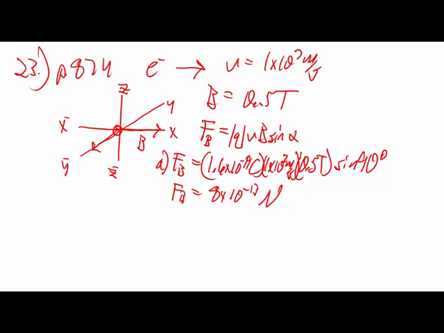Now, if we use the right-hand rule for forces, we find that the direction of the force is in the positive z direction, or up. But remember, the right-hand rule is for a positive charge, for a proton. So since this is the electron, the magnetic force on the electron is in the negative z direction, or down.